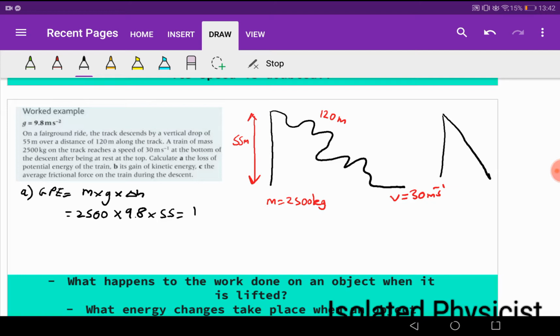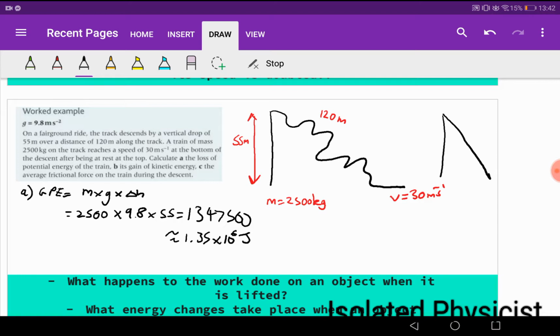And that's equal to 1.35, sorry. So 1,347,500 is equal to 1.35 times 10 to the 6 joules. So that's how much it loses by going down.